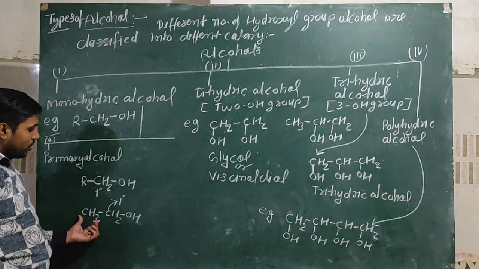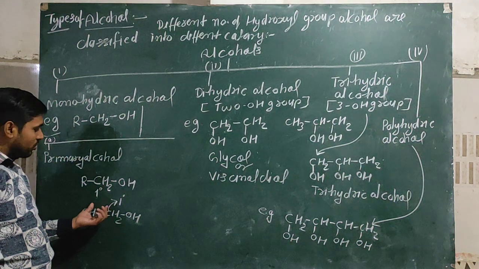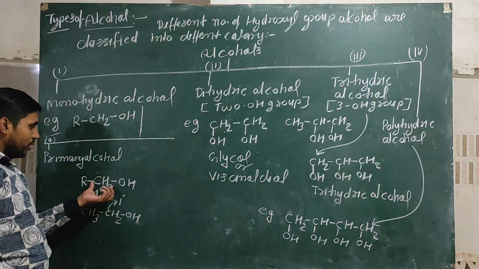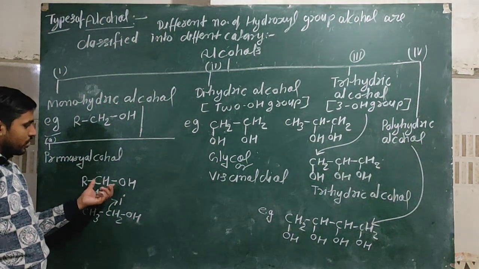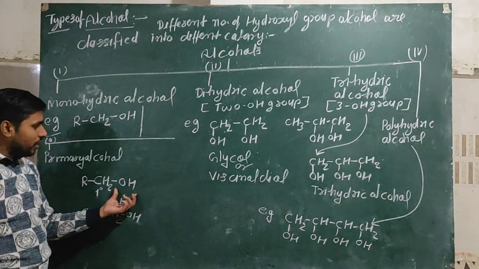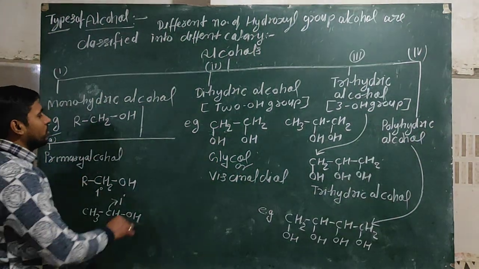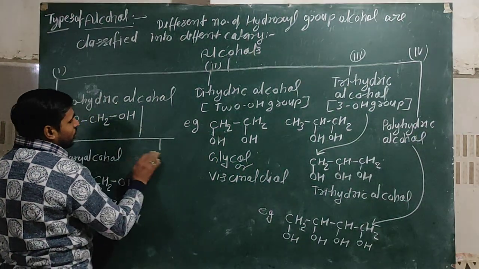You can explain it very easily: when a 1 degree carbon is directly bonded with an OH group, then it is known as primary alcohol or 1 degree alcohol.